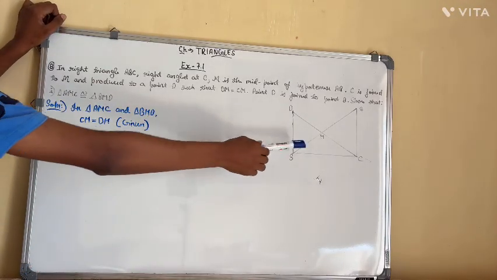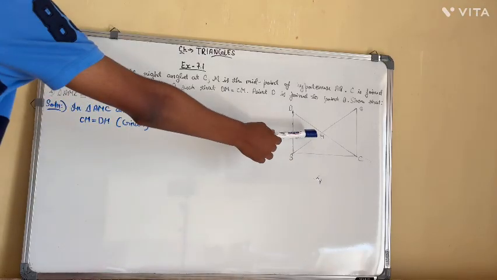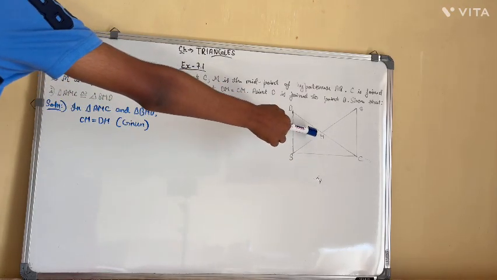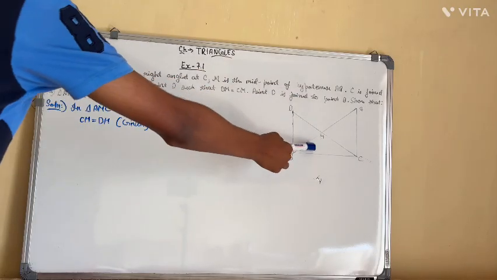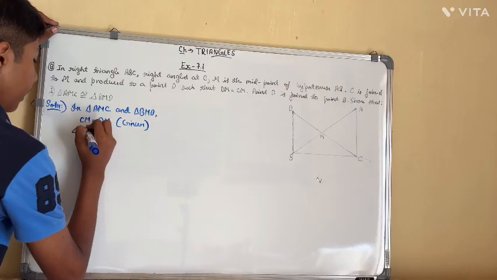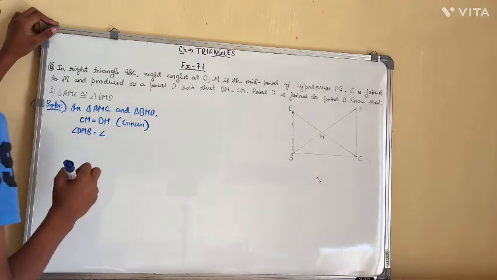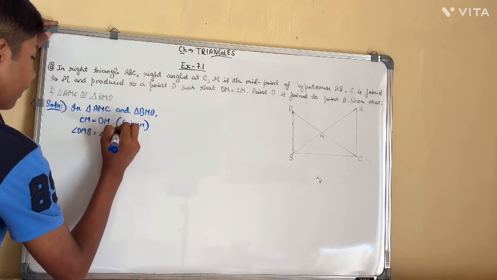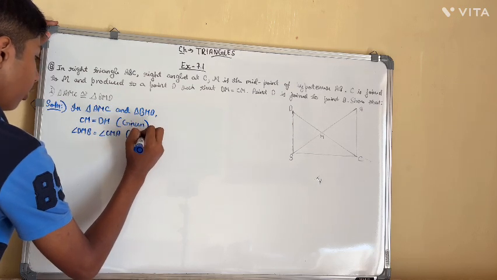And you can see this angle DMB and angle CMA. These are vertically opposite angles. So we can write angle DMB is equal to angle CMA, vertically opposite angles.